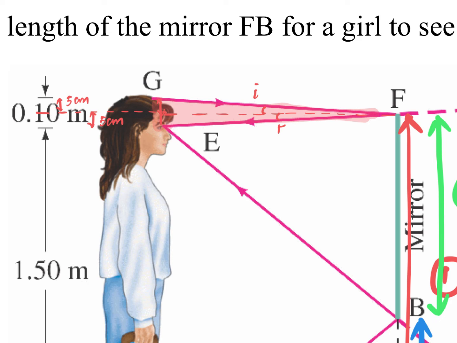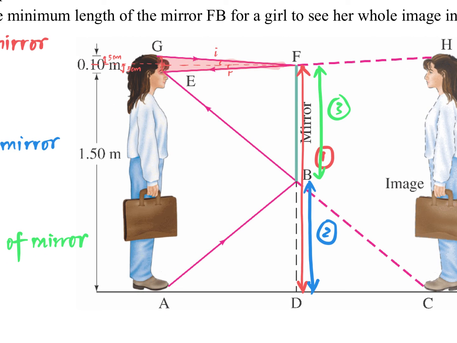If we would like to find out the minimum length of the top edge of the mirror, which is the length here, from F to D, the calculation should be the height of the girl minus the head to eye distance, divided by 2.